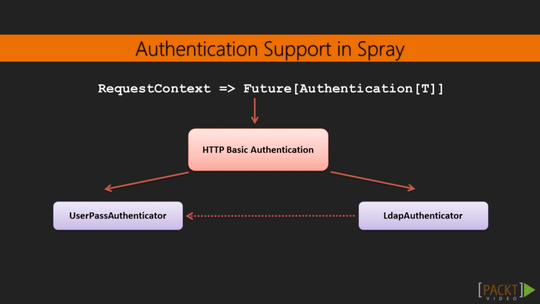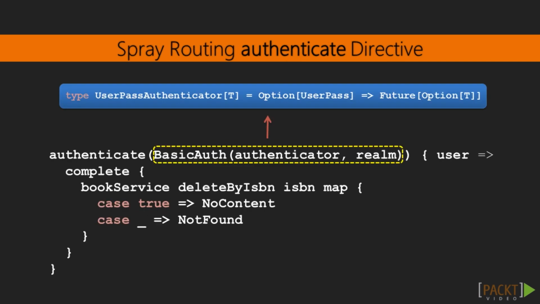Out of the box, Spray provides a way to specify username-password pairs in a subsection of the configuration file application.conf, or to use integration with an LDAP server. Both options are based on UserPassAuthenticator. Spray routing has excellent support for HTTP basic authentication by providing a dedicated authenticate directive.